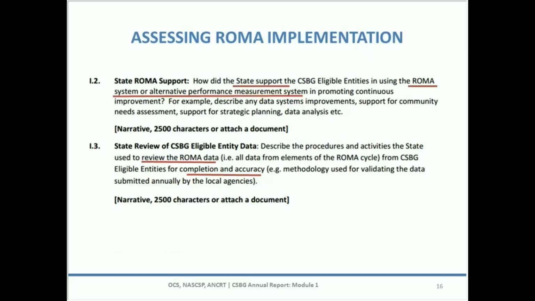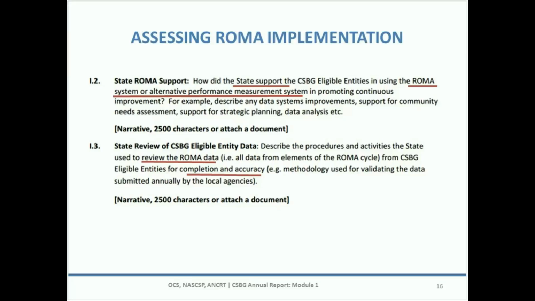The states in their model state plan have identified some ways that they plan to provide ROMA support and feedback regarding that. And so in this section, there are 4 questions where they're actually going to talk about what happened.